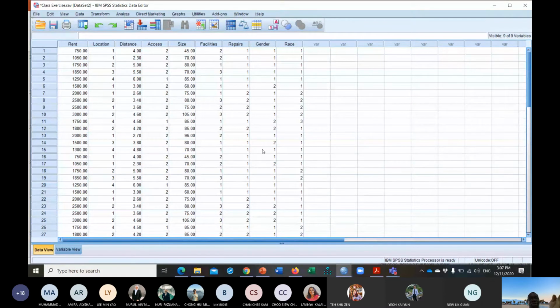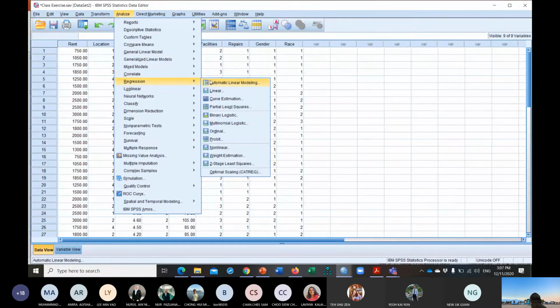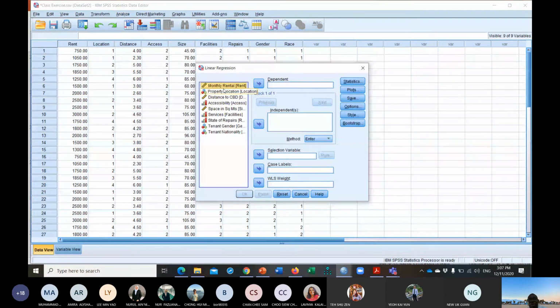So we want to regress to find out the contribution of these significant factors on rent. So we go to Analyze, then Regression, Linear, and when you get to this level, SPSS will ask you which one is the dependent variable.